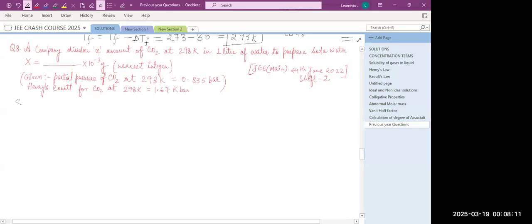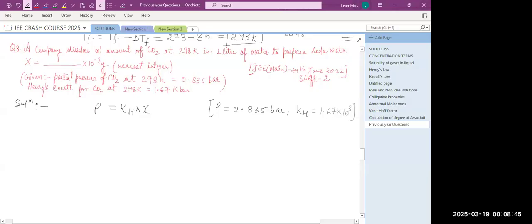We know according to Henry's law that partial pressure equals Kh into X, the product of Henry's constant and mole fraction. So just substitute the values. The partial pressure P is given as 0.835 bar, and the Kh value is also given, which is 1.67 kilobar. Convert it into bar: 1.67 into 10 to the power 3 bar.